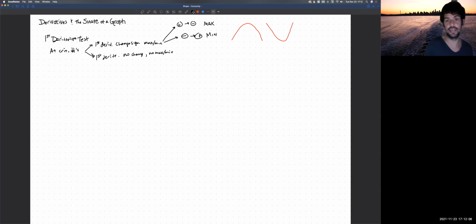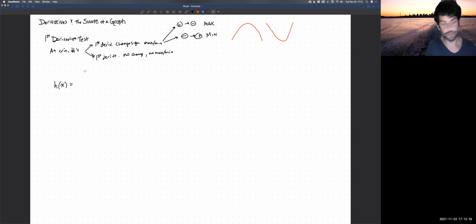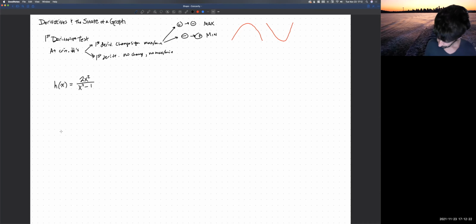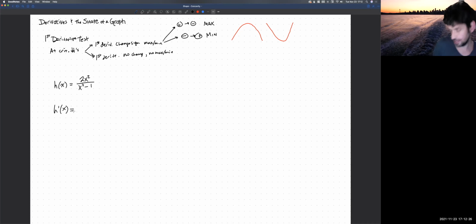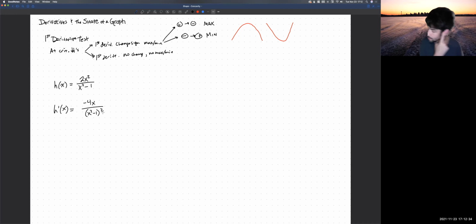So we had looked at a certain function that I want to dig a little more deeply into. We had looked at h of x is equal to 2x squared over x squared minus 1. We found its derivative to be equal to negative 4x over x squared minus 1 squared.